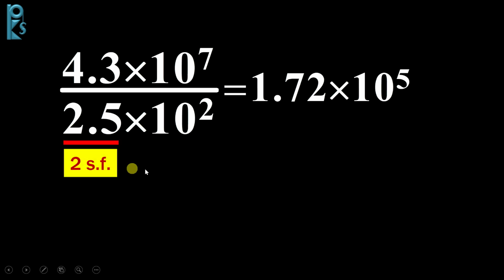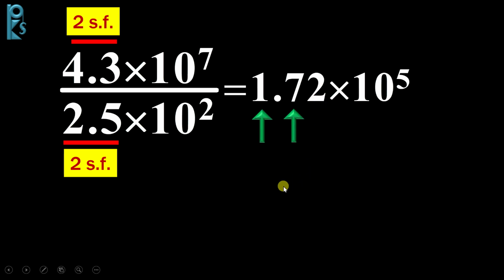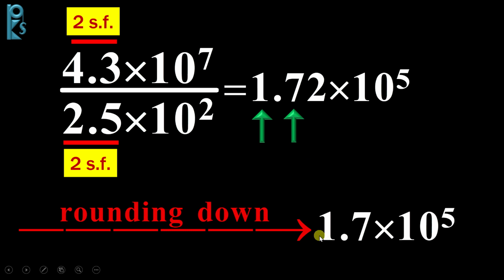The denominator has 2 significant figures. The numerator has 2 significant figures again. So the answer must have 2 significant figures. I should pay attention that 1.7 is my goal, and I will get rid of 2. 2 is smaller than 5, so it's easily ignored and rounded down. So the answer will be 1.7 times 10 to the 5.